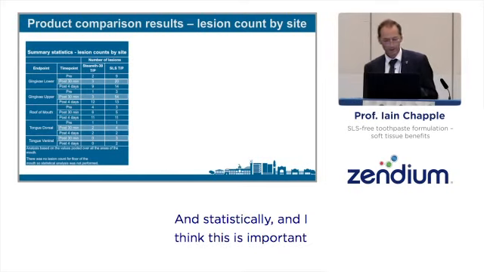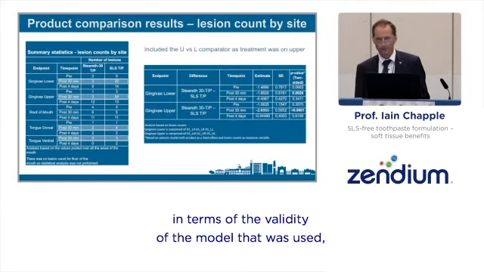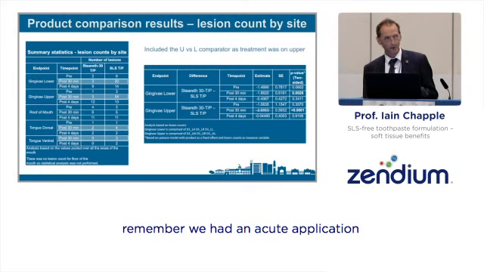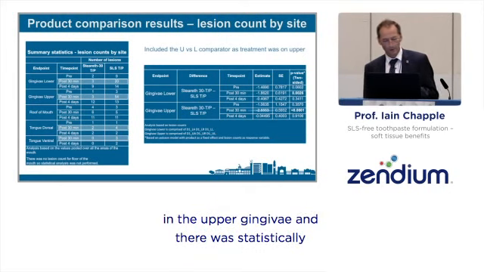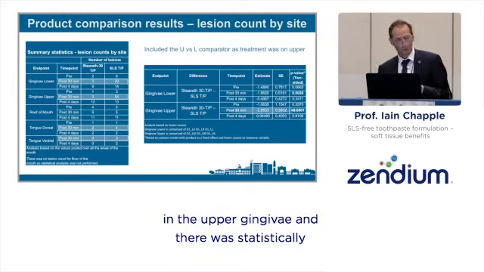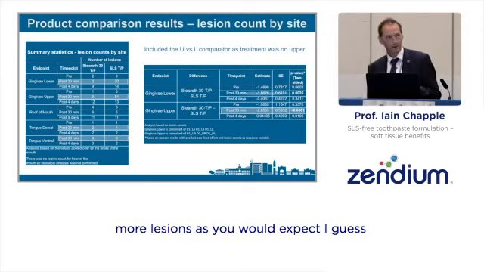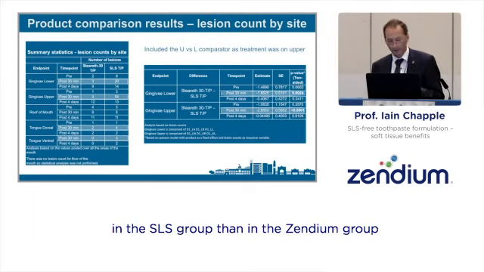And statistically, and I think this is important in terms of the validity of the model that was used, remember we had an acute application in the upper gingivae, and there was statistically more lesions, as you would expect, I guess, in the SLS group than the Zendium group.